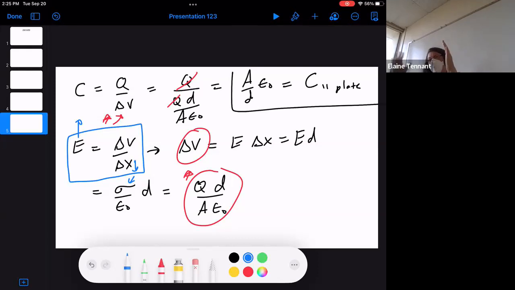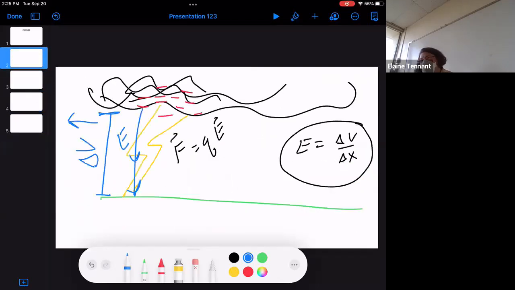However, let's say I build my parallel plate capacitor. I start shoving charge on there. What is eventually going to happen? Gonna arc? Yeah. So we'll end up in the same place.